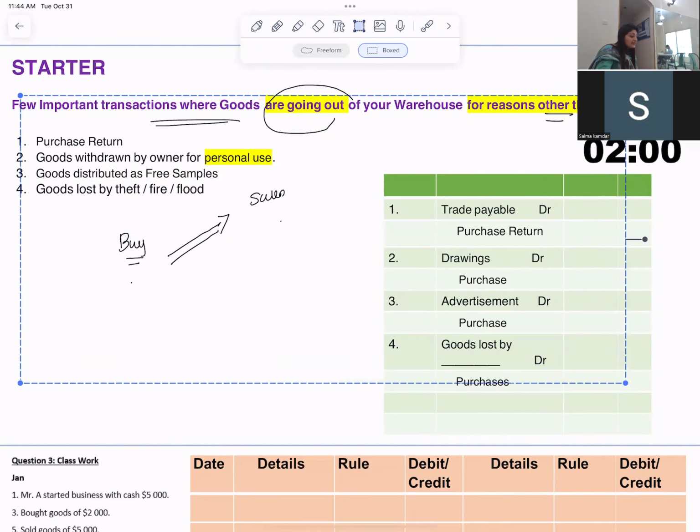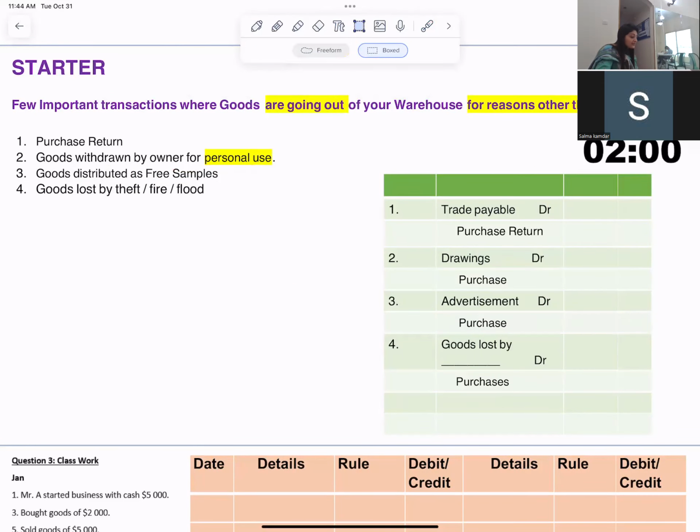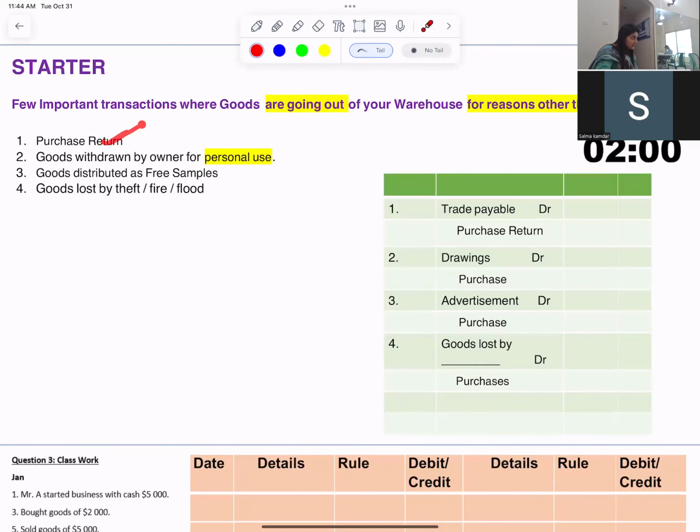So the journal entry for this: if you're returning the goods, it is return outward, or I can say purchase return. The goods are going out. The journal entry for purchase return is trade payable debit.